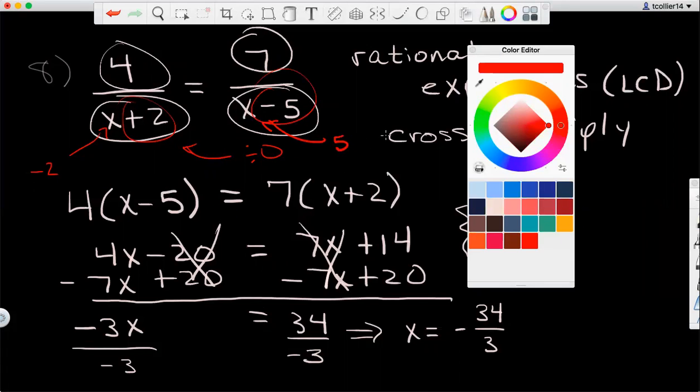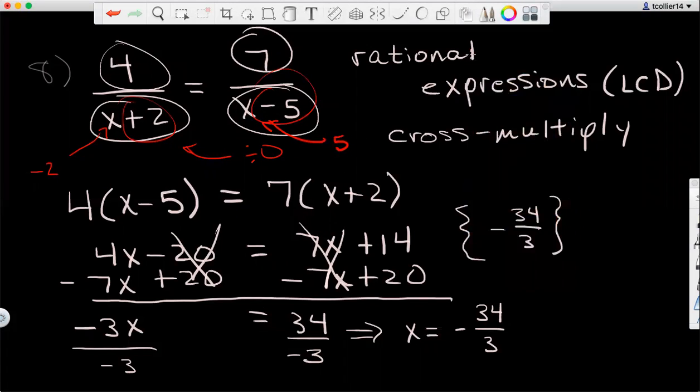I would be dividing this 7 by 0. That wouldn't be good. So x definitely cannot be those two numbers. It can't be 5 and it cannot be negative 2. No way. And if you were to actually graph these two as functions, you would notice that these functions don't even exist at 5 and negative 2.